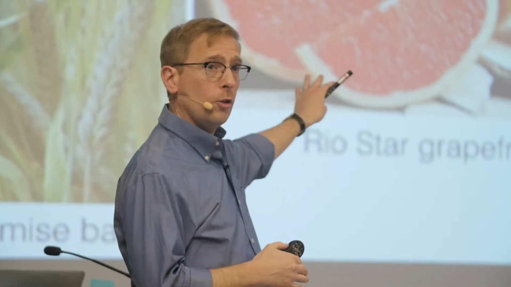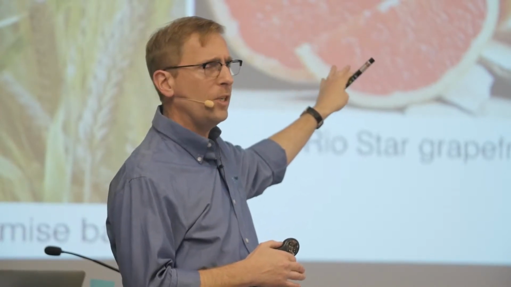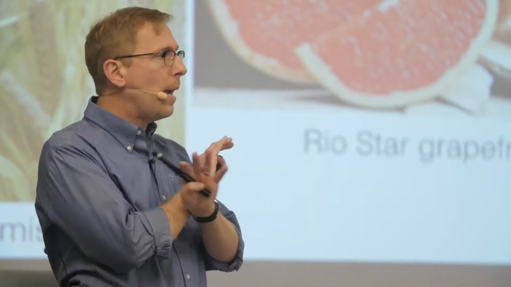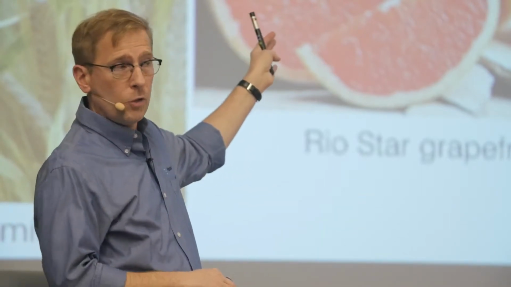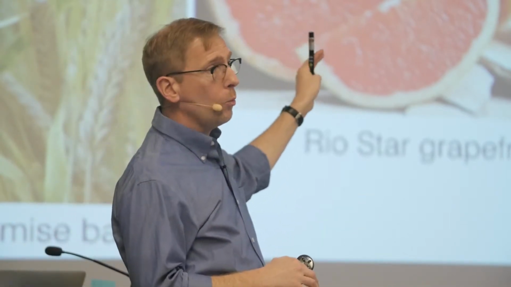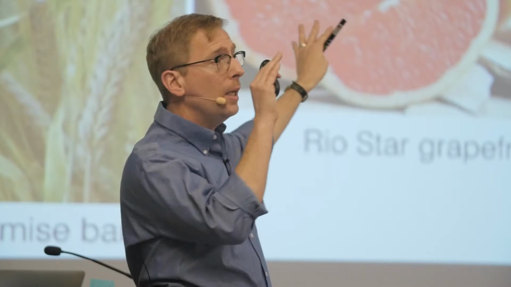In addition to the darker colored flesh, these plants are cold hardier. They do better under cold conditions. So in Texas, there were several frosts that wiped out many of the other varieties of grapefruit, not these. So Rio Star, Rio Ruby, Rio Princess, that entire group of ruby red grapefruit were originally induced mutation.